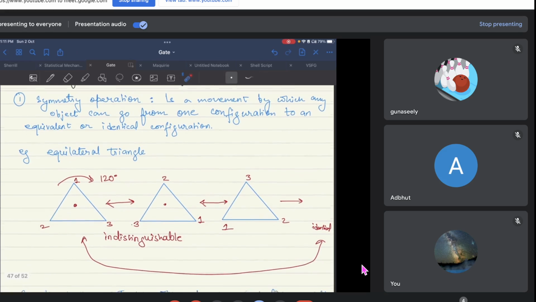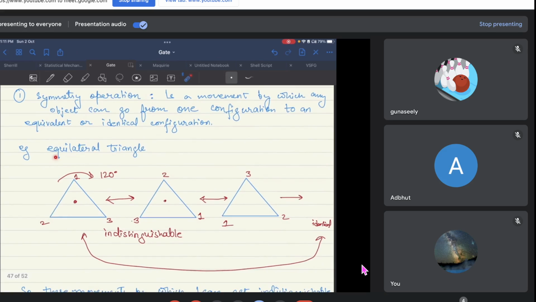Okay, so for example, if I take the equilateral triangle, so this is the equilateral triangle, and in this triangle, let's say we denote the vertices as 1, 2 and 3.